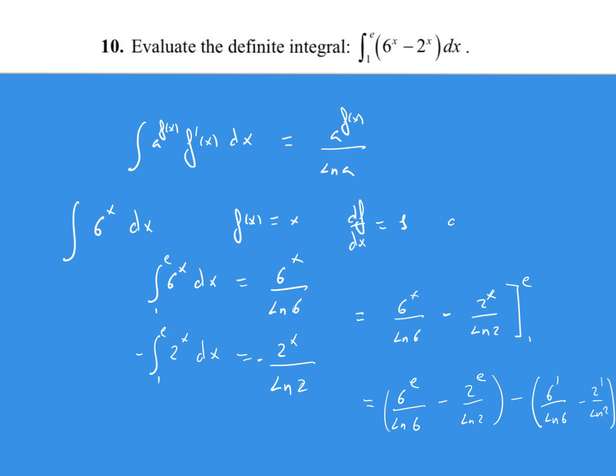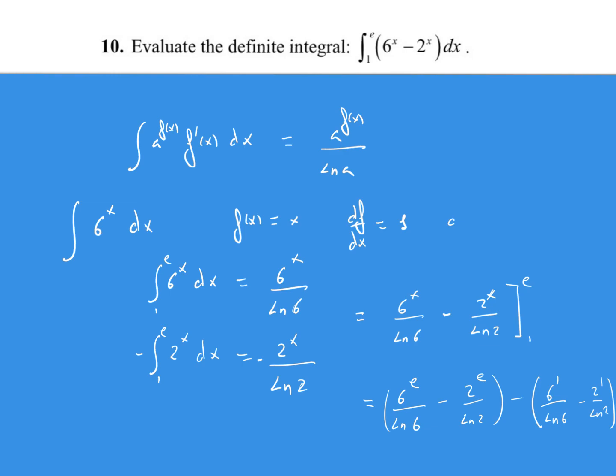Same thing for the integral of 2 to the x from 1 to e: it is minus 2 to the x divided by the natural log of 2. So the whole integral is 6 to the x over natural log of 6 minus 2 to the x over natural log of 2, evaluated between 1 and e.